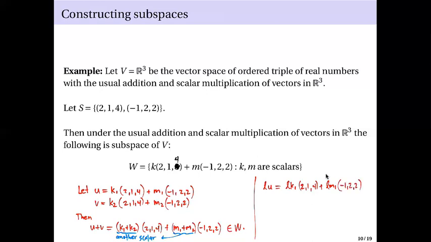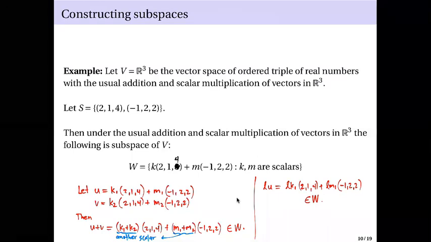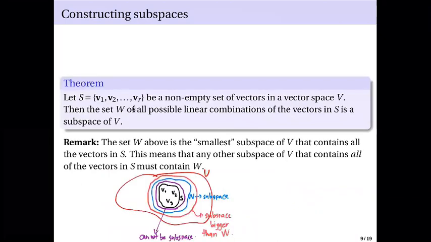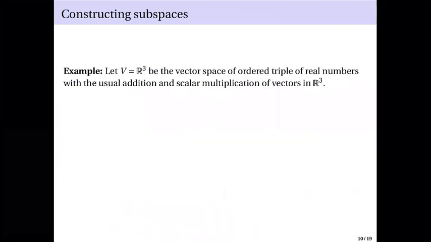And again, l k1 and l m1 are just other scalars, so they are both in W. This is in W, and that's it. W is a subspace of V. This is how you prove the general theorem here, for all possible linear combinations.